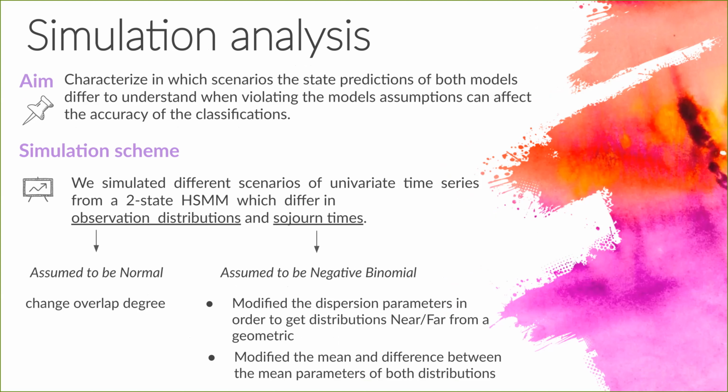In a negative binomial, if the dispersion parameter equals 1, the negative binomial is a geometric. So we changed that parameter in order to get distributions that were near the assumptions of the HMM or far from the assumptions of the HMM. And then we also modified the mean and the difference between the mean parameters of the negative binomials.